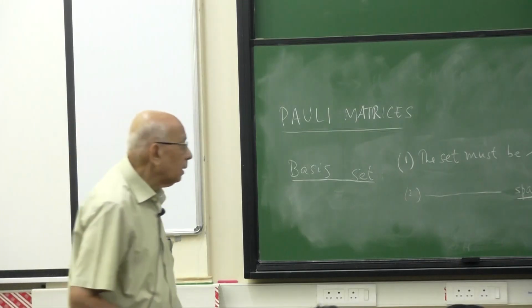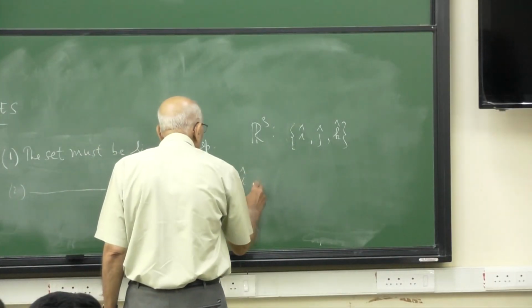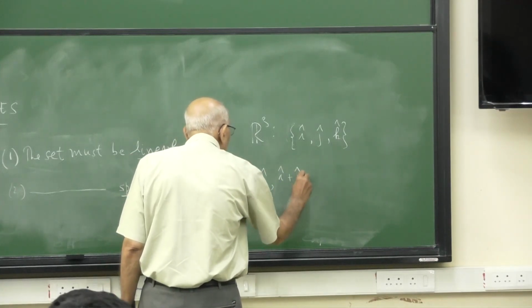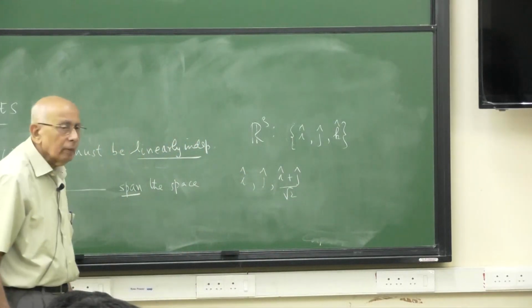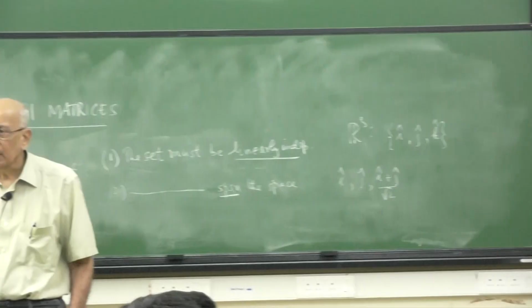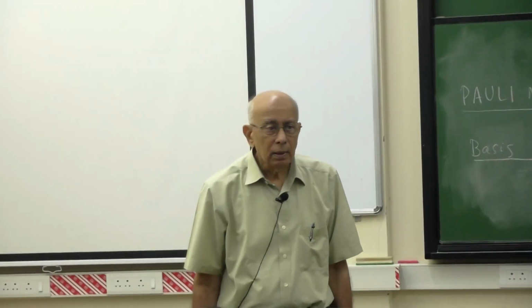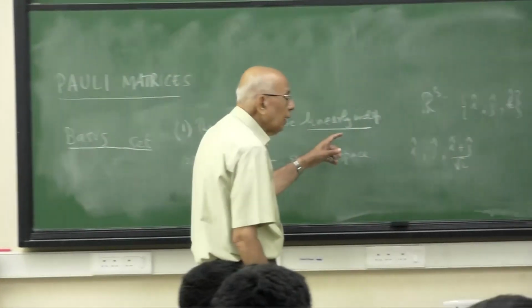So now tell me, is this linearly independent? i, j, i plus j over root 2. 3 unit vectors in 3-dimensional space. Do they form a basis? Are they linearly independent?